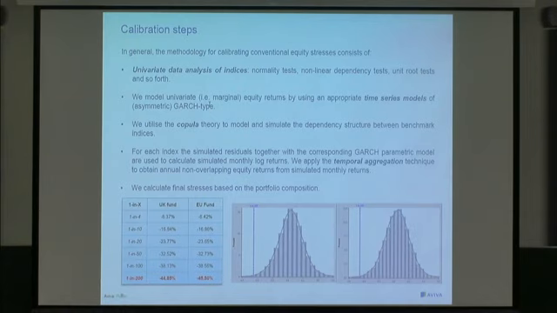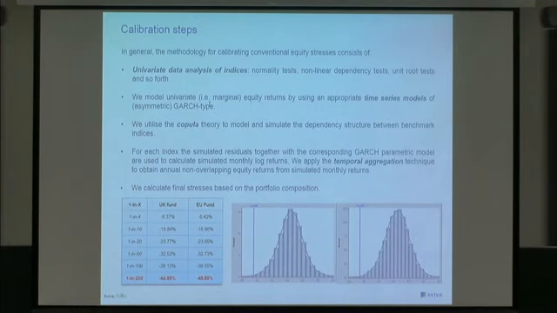We take the residuals from that step and use the Copula. We fit the Copula, and then given the dependency structure of monthly returns, we simulate 6 million returns, let's say 6 million uniforms, and then we get them back into the corresponding monthly model.